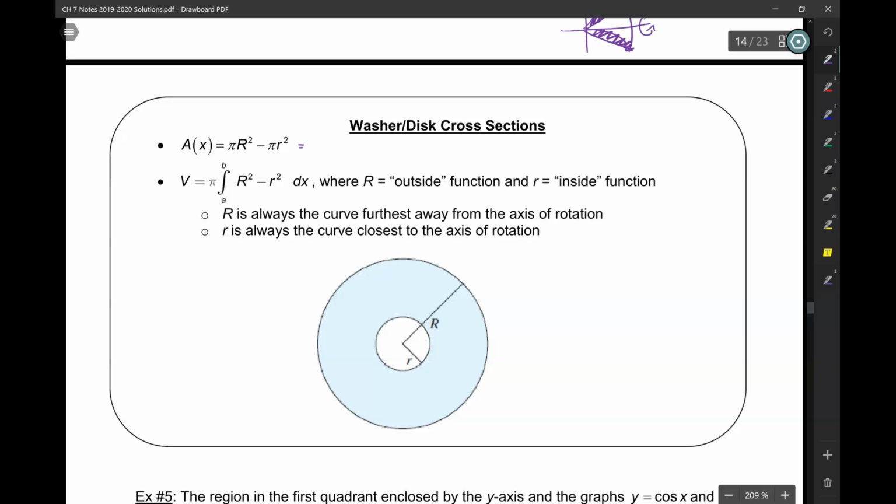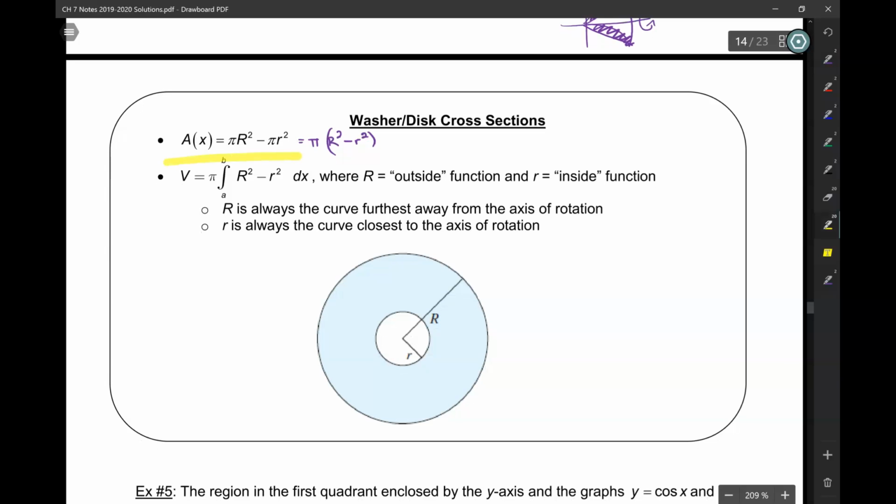Well, that is just pi times R squared minus r squared. Factor out the pi. So when I need to find the volume of it, it's pi times the integral of capital R squared minus little r squared dx. And so R is the outside or the larger function, and little r is the inside function.